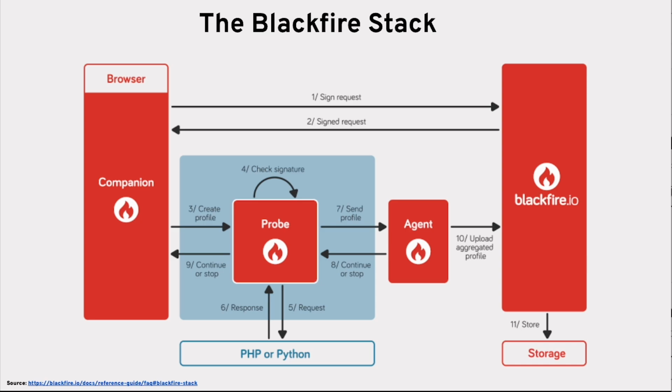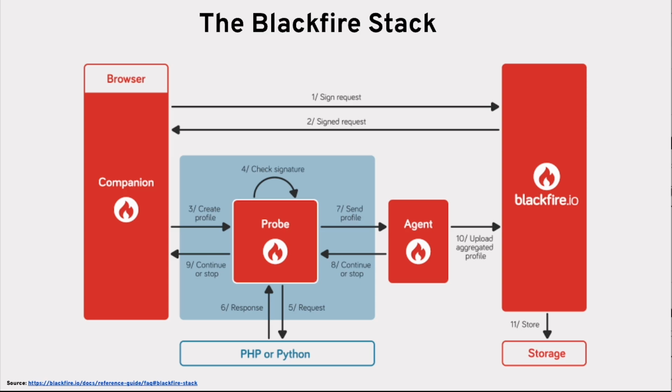The probes and the agents. The probe is the lightweight extension for PHP, for example. It's a PHP extension. For Python, it's a pip package that remains inactive until a profile is requested. And then the agent is a daemon running in a container or on the same project that collects data from the probe, processes it synchronously, and sends the profile data to the Blackfire servers.